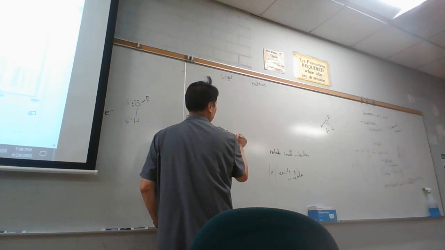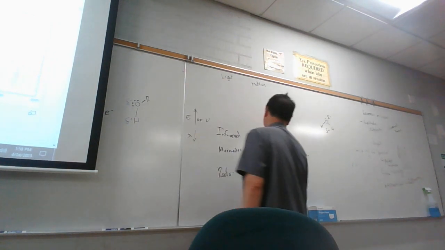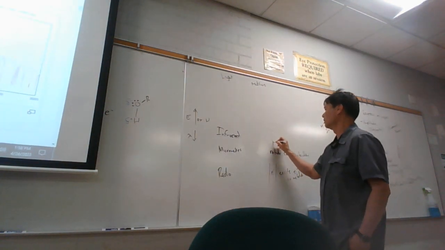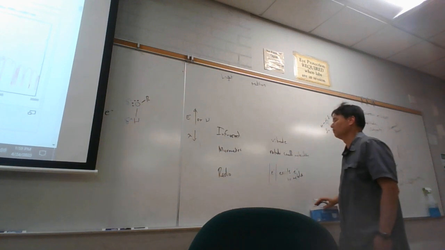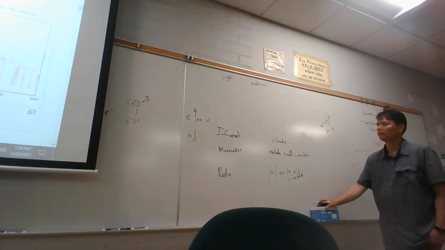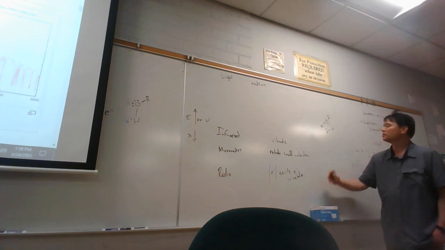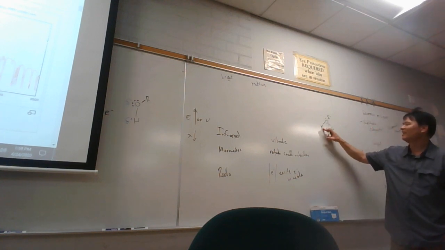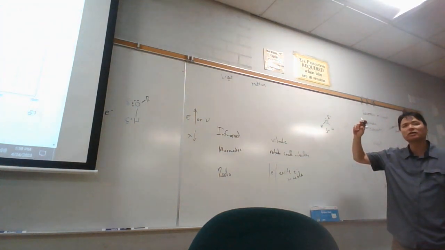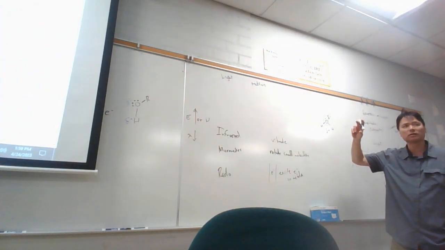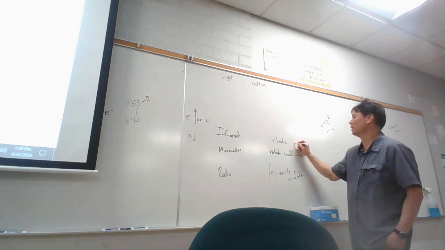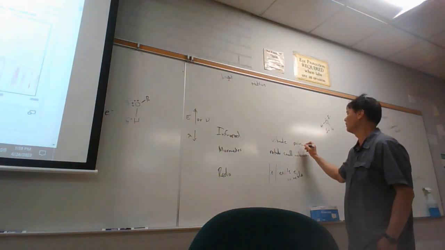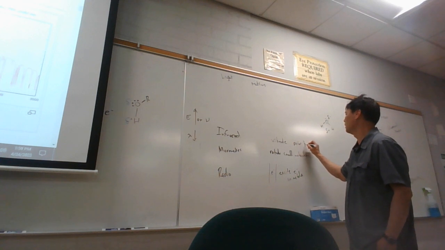Infrared is enough to vibrate. And so if we have infrared, one end of the bond is positive, the other end is negative. So that has enough energy to cause vibrations, vibrate water molecules. But actually, it has to be polar, vibrate polar bonds.